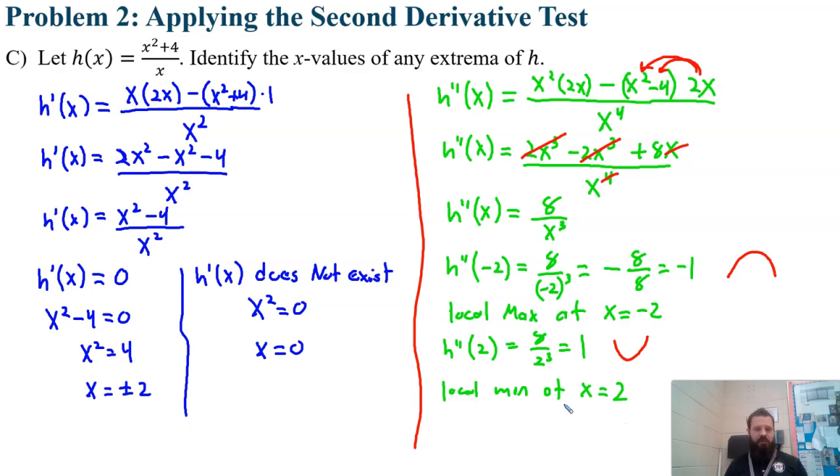All right, and I suppose that last critical point then, we do have the 0. Again, thinking back to our original function, it's undefined at 0, so I'd expect the second derivative test to not give us anything. If we look at h double prime of 0, well, that's just 8 over 0 to the third, which is undefined.